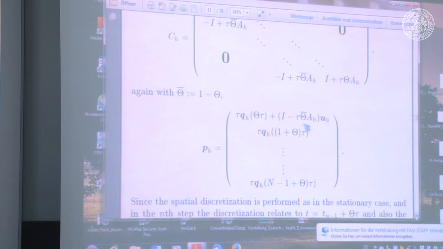This is all in the Q, multiplied by tau, because we have multiplied it through. And at the first time level, we still have the part coming from the initial data here.